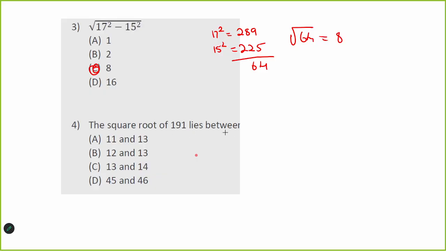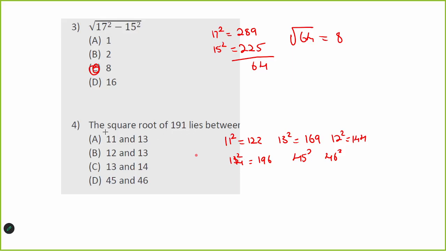The square root of 191 lies between. So you'll square all these numbers. 11 squared is 121. 13 squared is 169. 12 squared is 144. 14 squared is 196. Well, 45 squared and 46 squared are huge numbers, which I don't even need to know, right? They want to know the square root of 191.